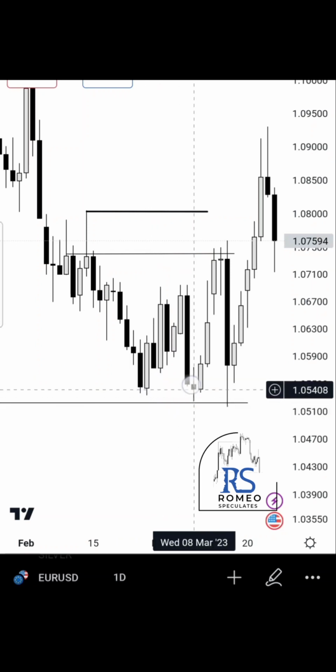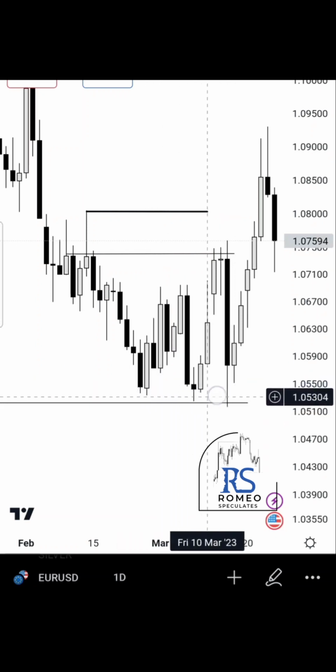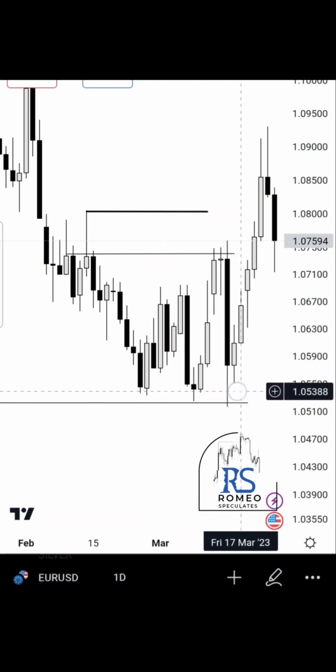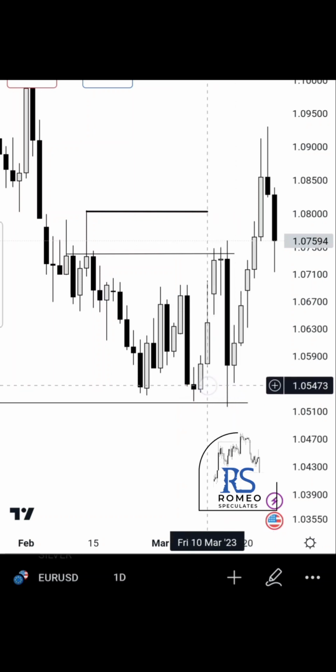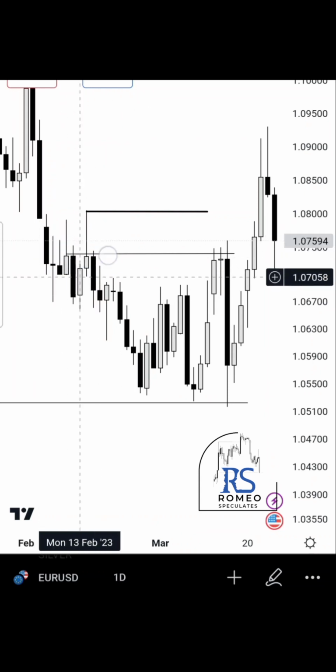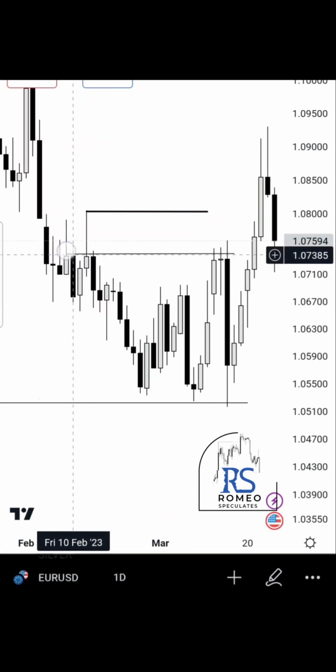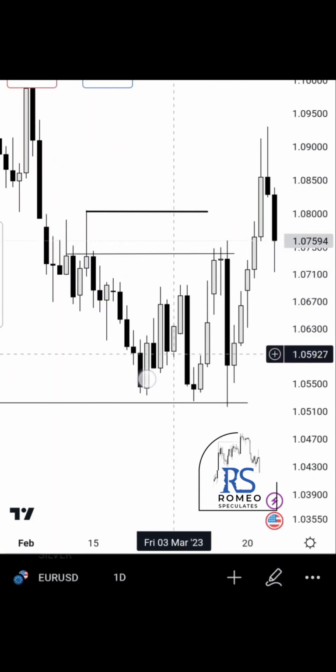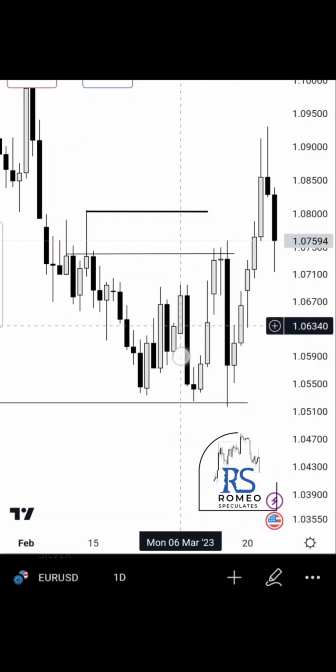And we have these two equal lows. Look at these clean bodies almost at the same level, right? So the idea was to accumulate the positions from here and unload them down here, right?